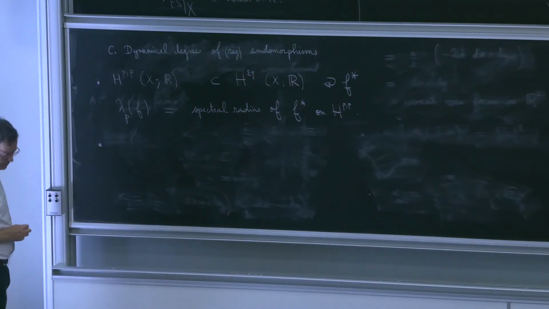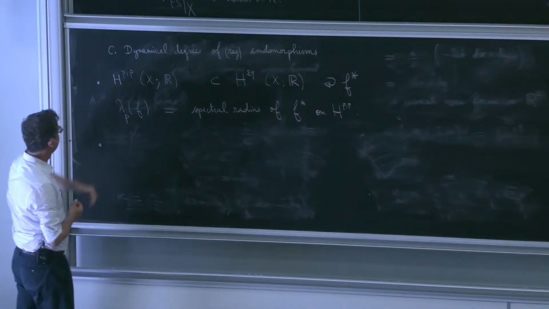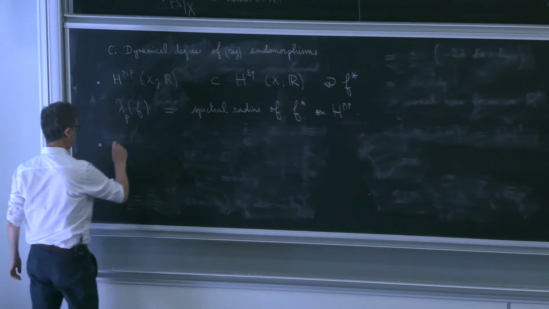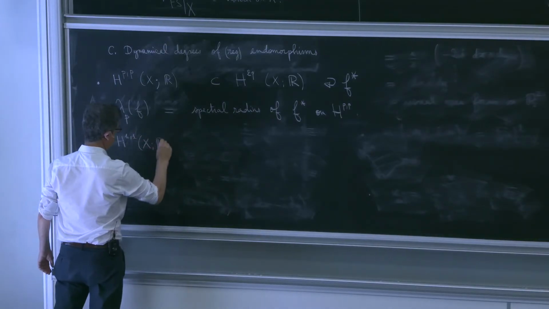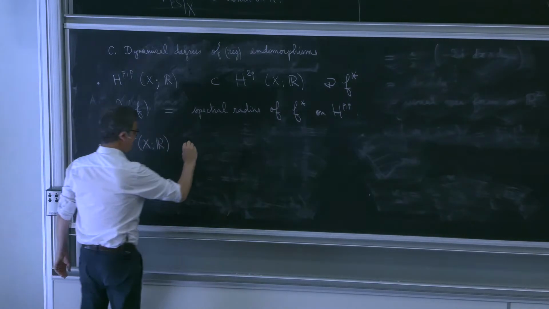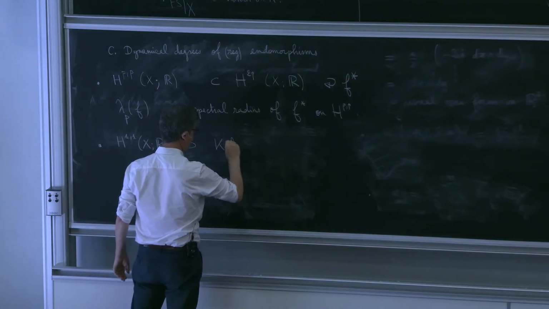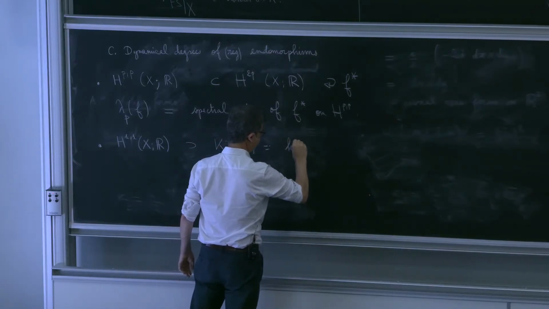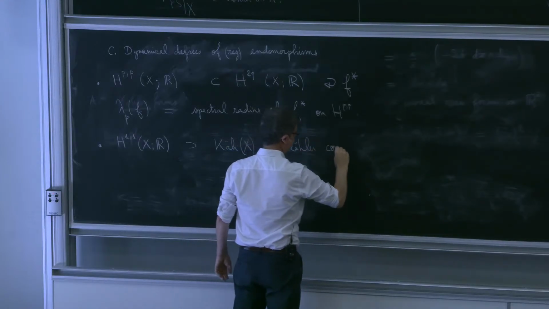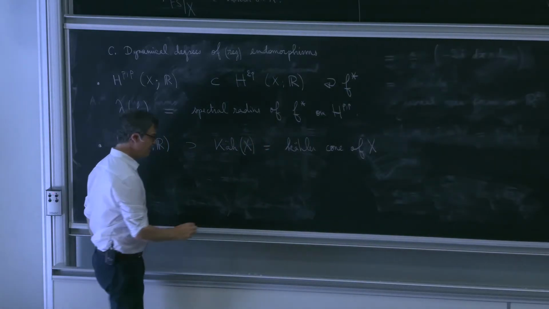The second thing I want to explain is some nice geometry in these cohomology groups. So let me start with H^{1,1}. I say that H^{1,1} contains a cone, which I denote like that: the Kähler cone of X. What is it?